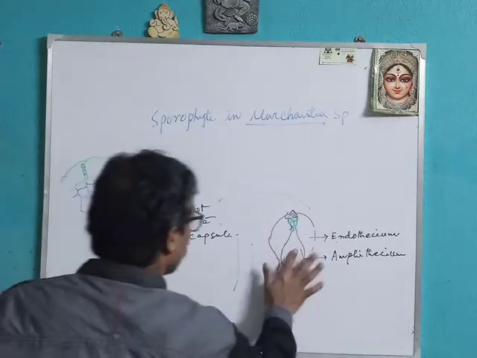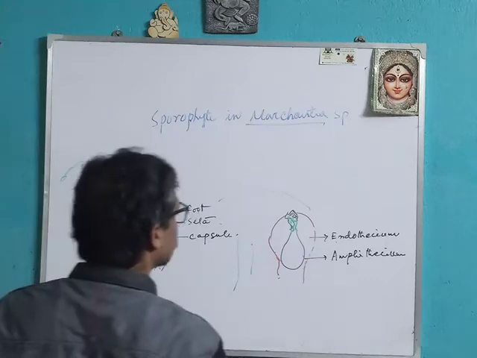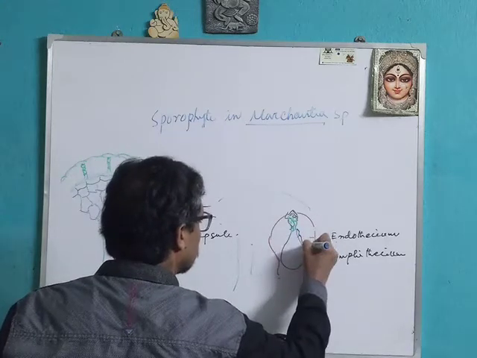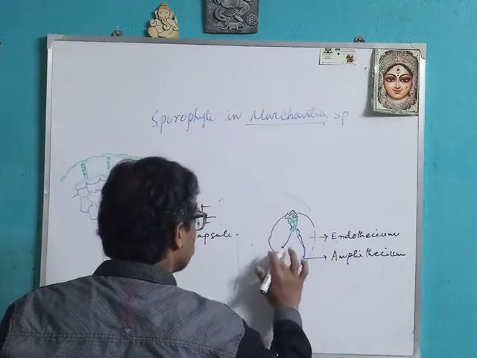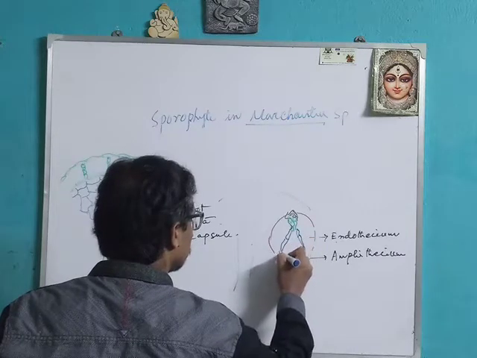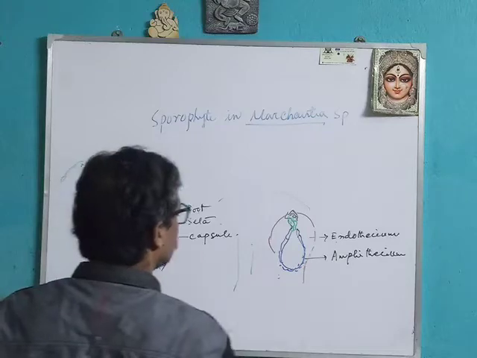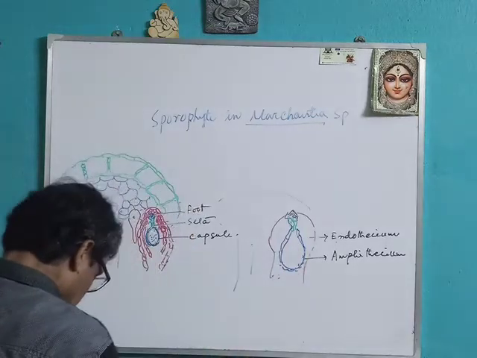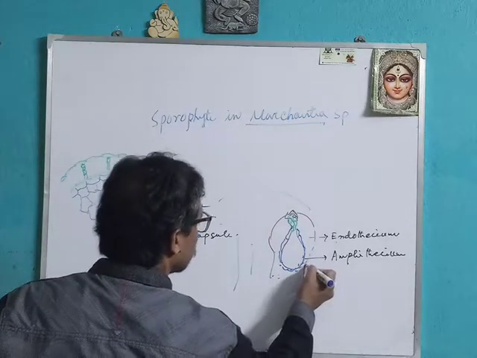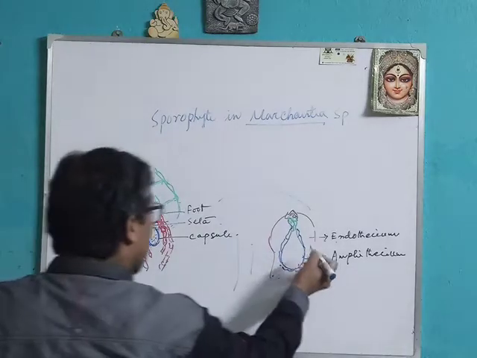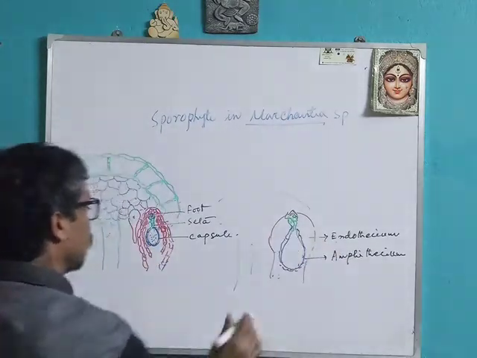The capsule itself has a jacket layer, definitely. So this is actually the calyptra, and the pseudoperianth will also be available.